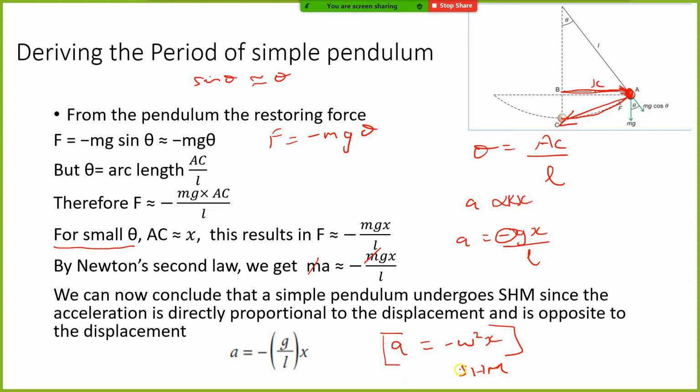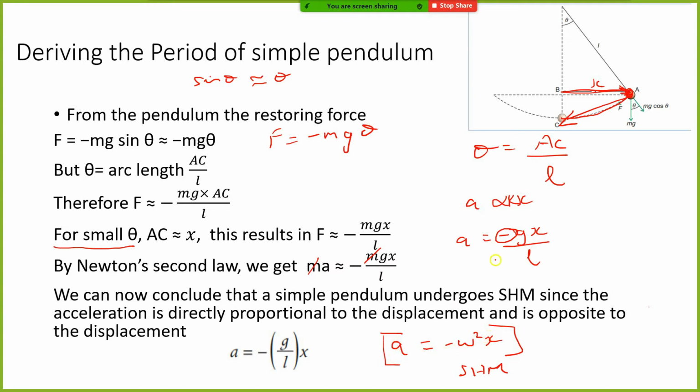Anything at all that is undergoing simple harmonic motion will have this acceleration. As you can see, this equation is telling us that A is directly proportional to x, and also that the acceleration is in the opposite direction as the displacement. So the displacement is going towards the right, the acceleration is going towards the left, back towards the center.